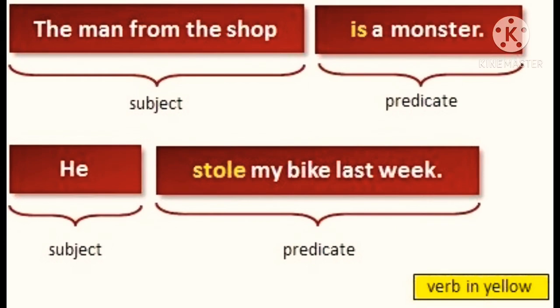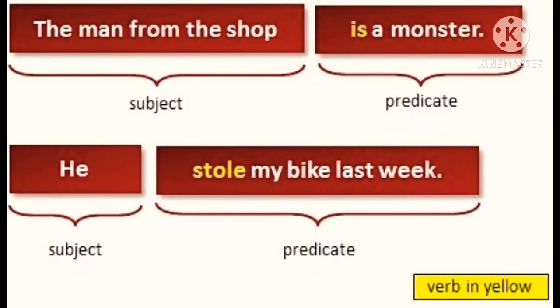For example, the man from the shop is a monster. Here, the subject is the man from the shop and the predicate is a monster. One more example is there. He stole my bike last week. He here is the subject and the rest of the sentence that contains the verb is known as the predicate.